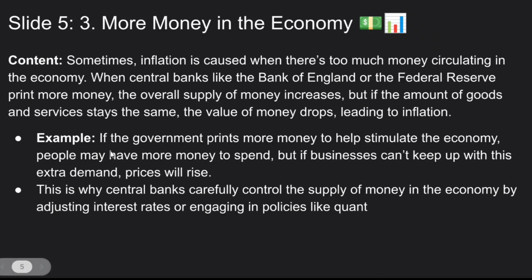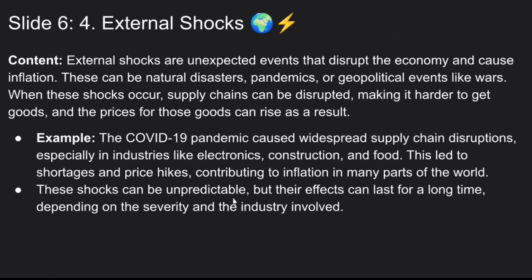The example that we've given here is that if a government prints more money to help stimulate the economy, people may have more money to spend, but if businesses can't keep up with all of the extra demand, prices will likely rise. This is why central banks carefully control the supply of money in the economy by adjusting interest rates or engaging in policies like quantitative easing.